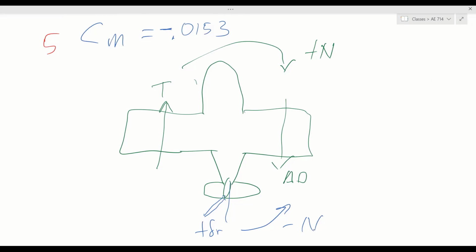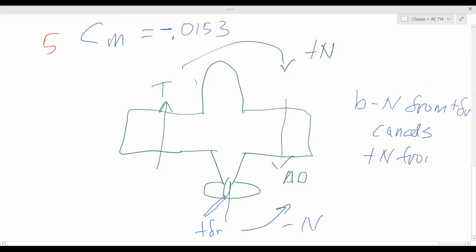And that's exactly what you needed to write for part B, is that the negative N from the positive rudder cancels the positive N from the one engine inoperative condition.